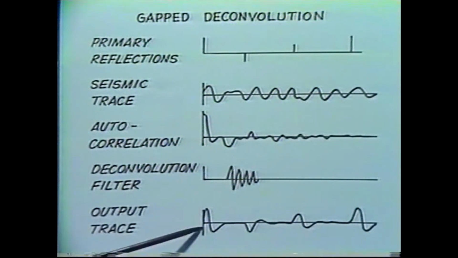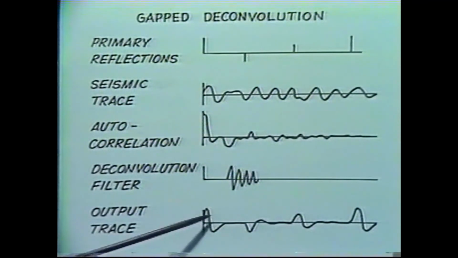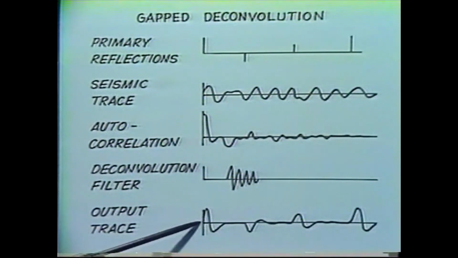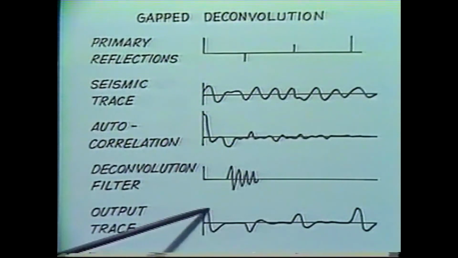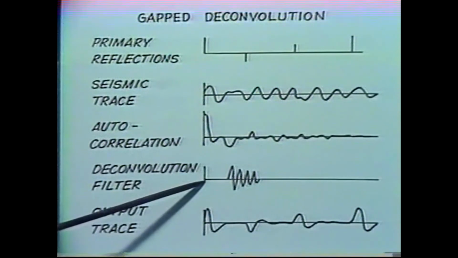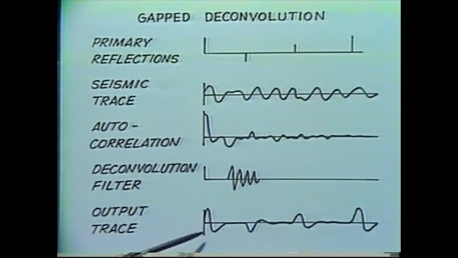The resulting output trace will not be spikes. They won't be nearly as sharp as pulses as in the spiking case, but they'll have a noticeable length that's generally about the same as the gap length. So with gap deconvolution, we lose a little bit of the resolution that we would get had we applied spiking deconvolution, but there are some adverse effects as well. We'll touch on those in just a moment.